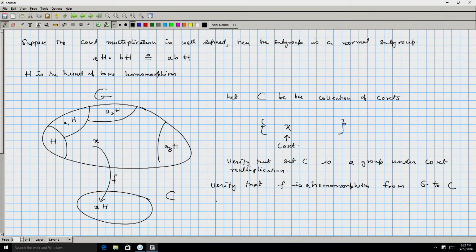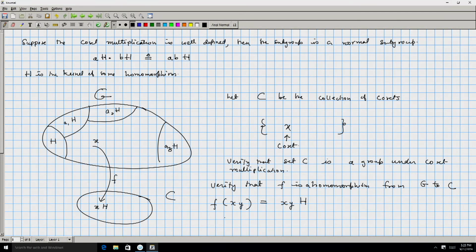Why is that so? So, f of xy is equal to xy times H. By definition, f maps any element to the coset containing that element, and that is xyH.